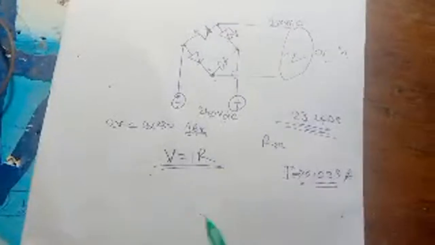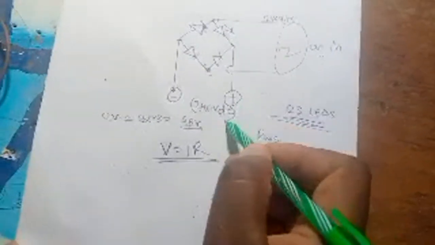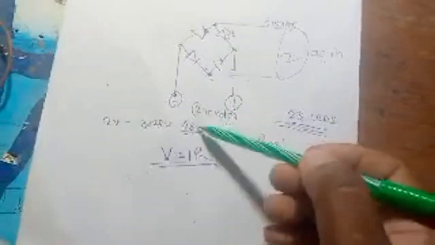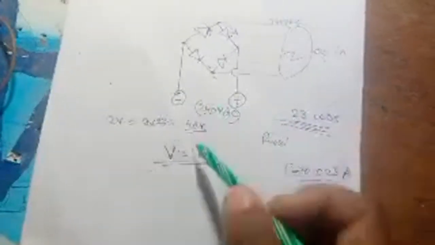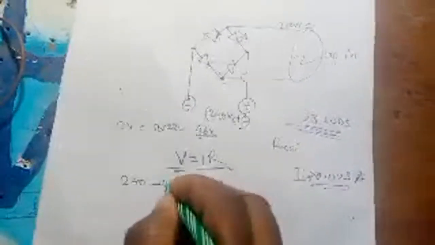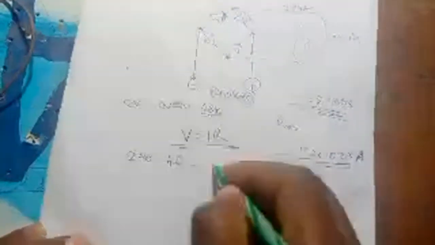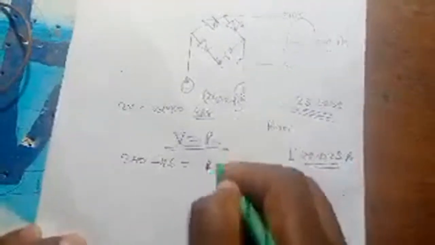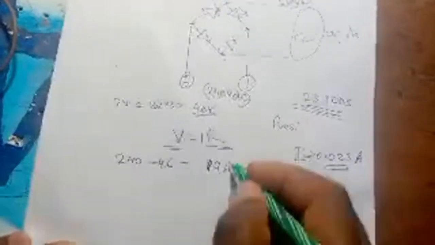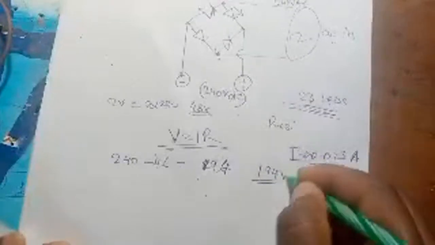Can we get the difference, we do the minusing, tufanye kutoa hizi, tutoe hii na hii tuone ni ngapi tunapata. So this is 240 minus 46, hiyo tunapata ni 194. Yeah, 194. We are getting 194 volts.